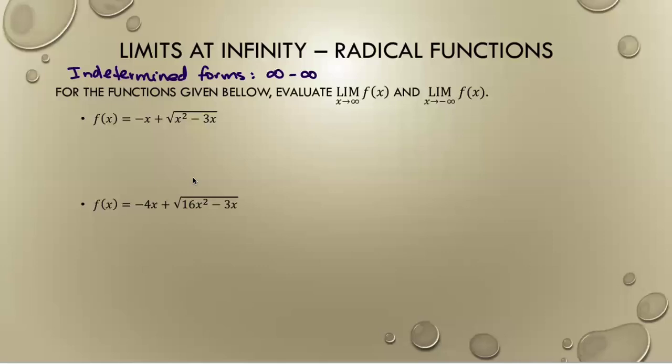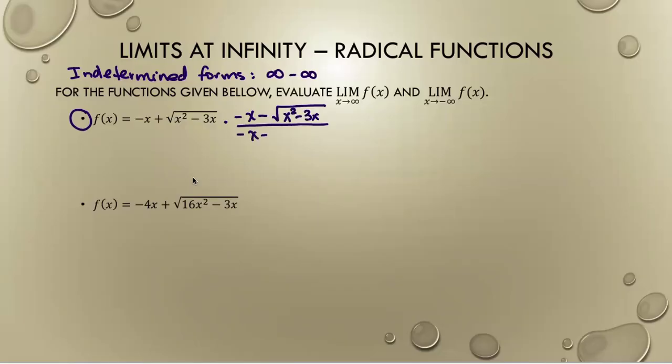To manipulate that, we are going to multiply by the conjugate. The conjugate for this function is going to be minus x, because this is a positive, the conjugate is going to be a negative, and then we have the root of x squared minus 3x.